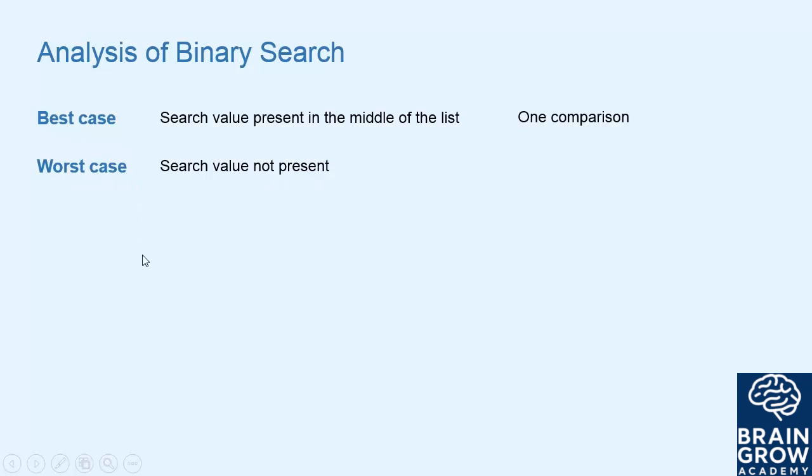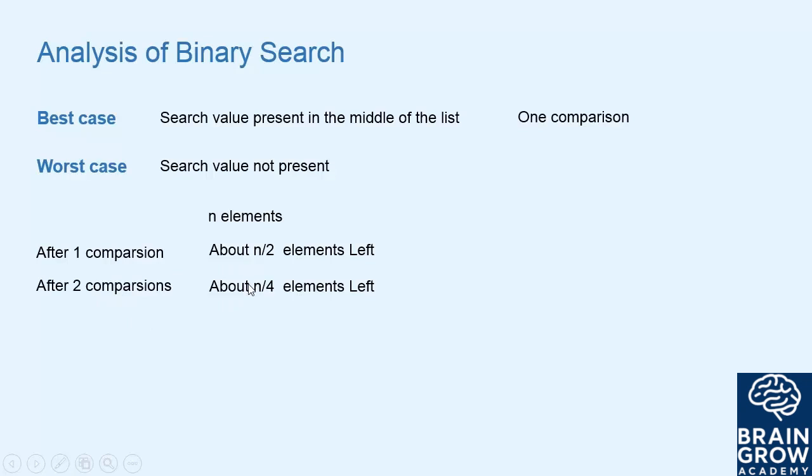We have seen that each time we make a comparison with the middle element, we can eliminate about half of the elements from consideration. That is, we reduce the size of the subarray to almost half. So if we start with n elements, then after one comparison, we'll have about n by 2 elements left.